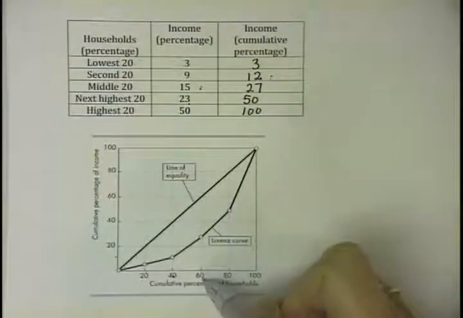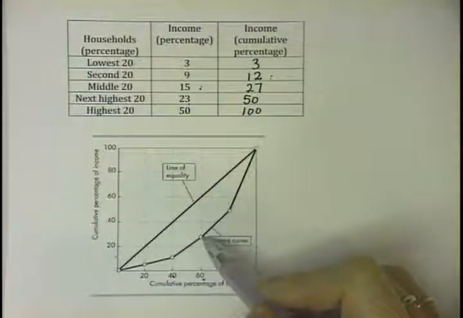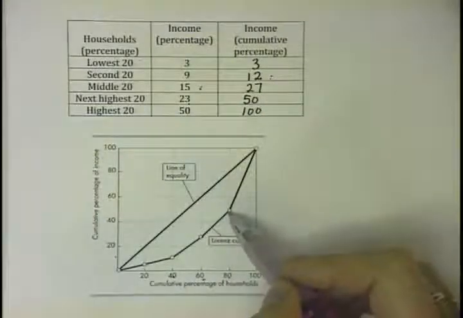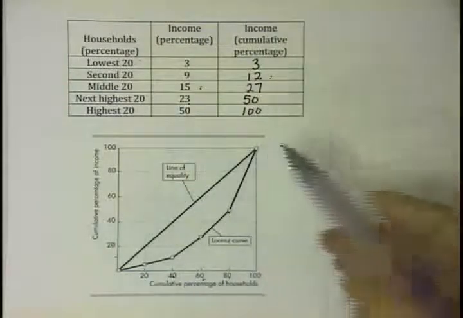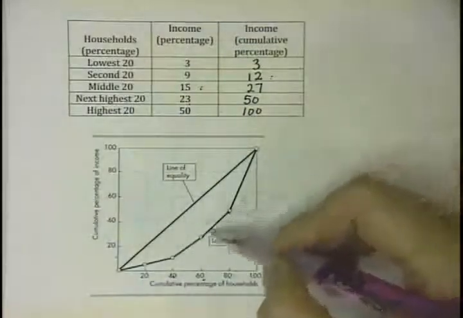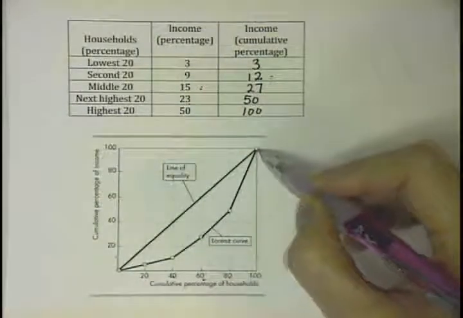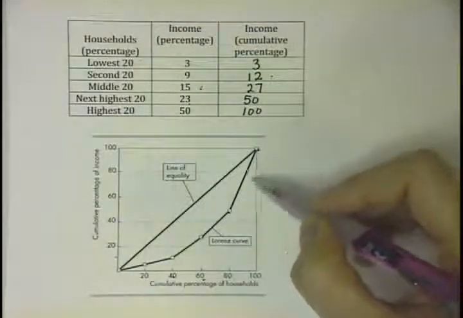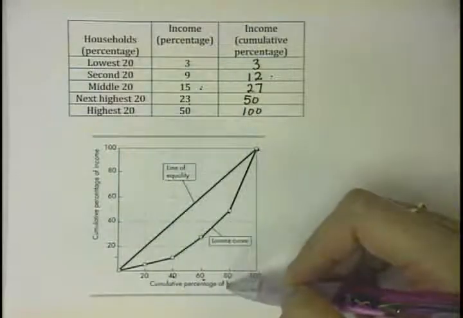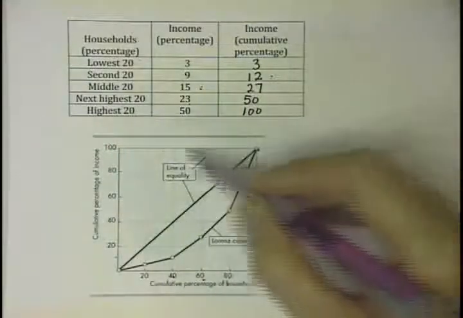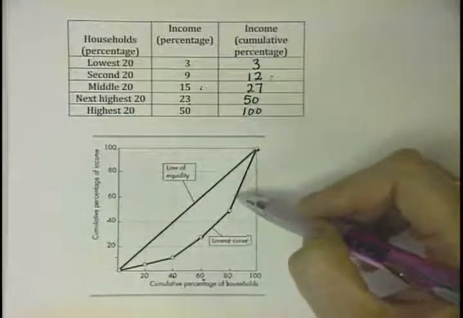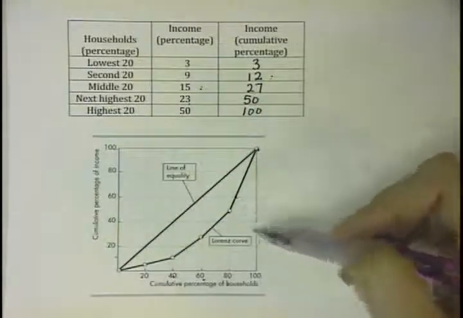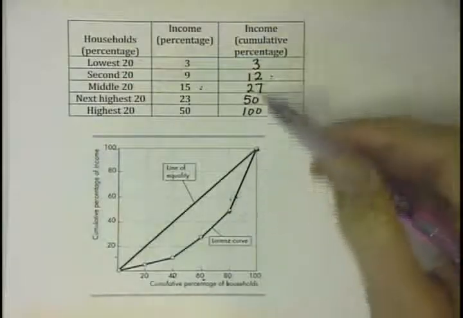At 60%, we could see this would be 27, at 80% this is 50, and when we have all of the households, we now have 100%. If you had a graph like this, and obviously the numbers would be different, here's 100% of all households.